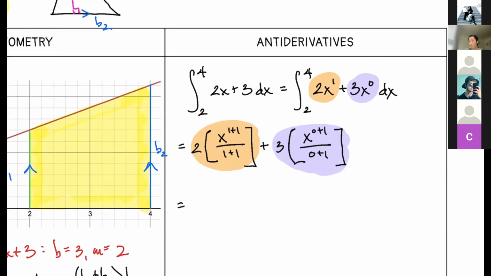And there's one more thing I'm going to do before I move on to the next line. And I'm going to write this part in blue just so that we can see it better. Okay. I'm going to put brackets around the whole thing. Okay. And then I'm going to draw a little line at the bottom right corner of this last bracket. And at the top of this line, I'm going to put the top number from my antiderivative, which is 4.